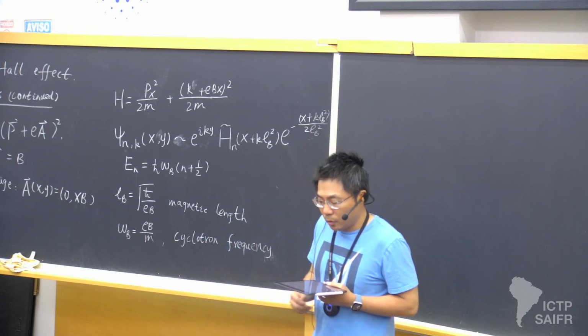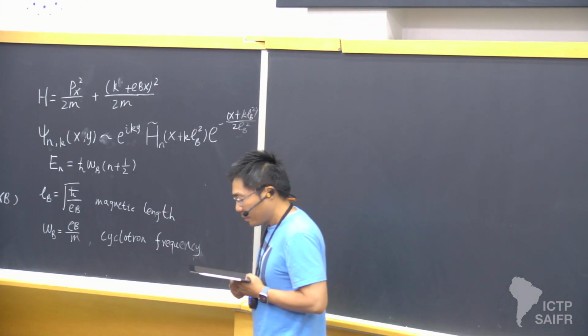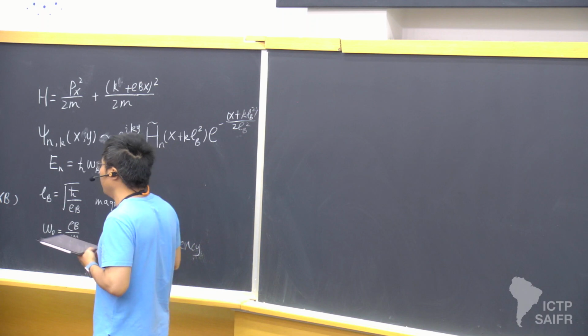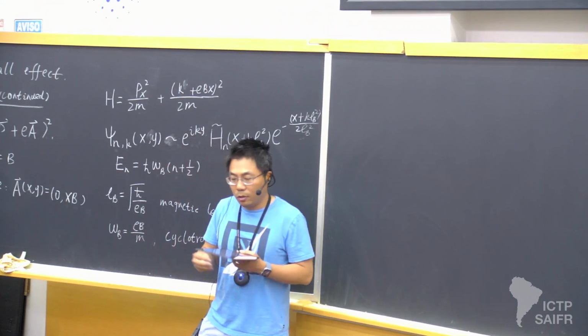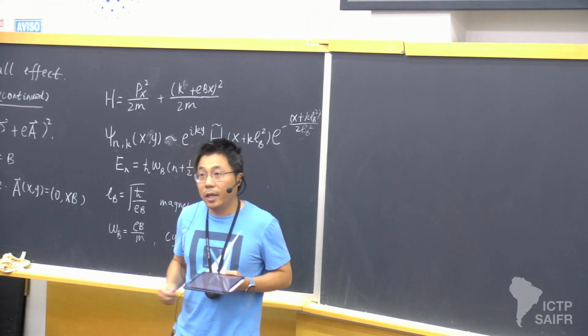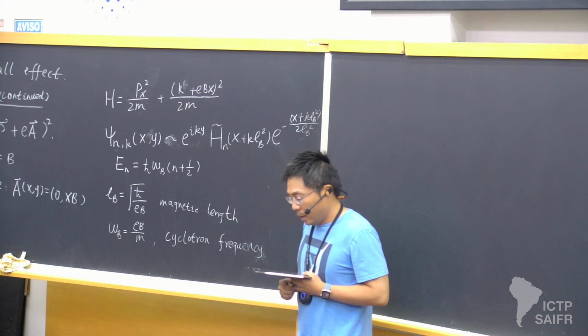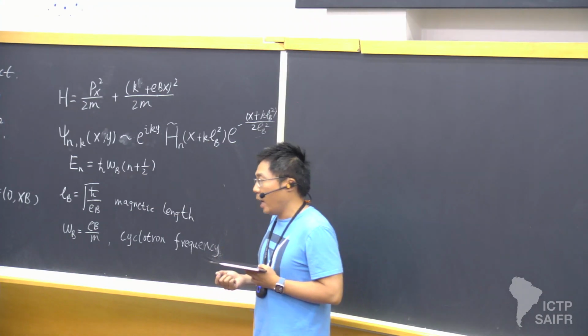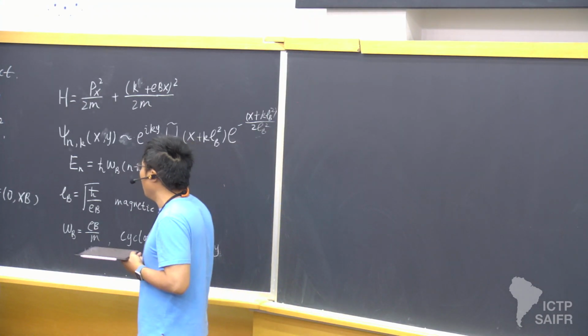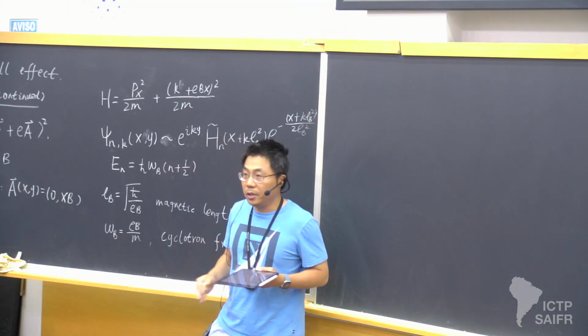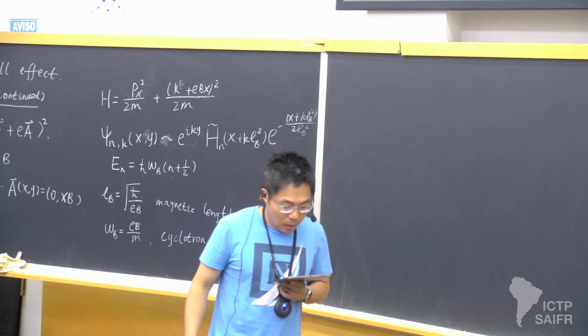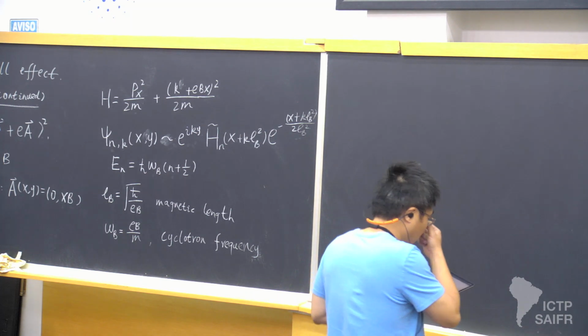So that feels a little bit uncomfortable. You might be wondering whether that's an artifact of the gauge choice, and whether I can have some smarter gauge choice such that I preserve all the symmetries. And the answer is actually no.